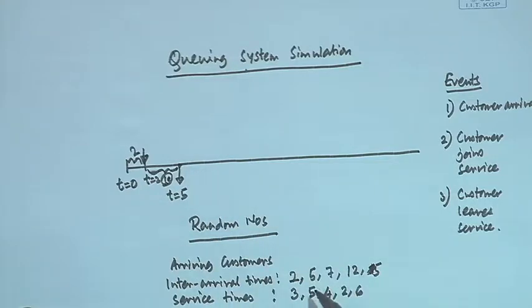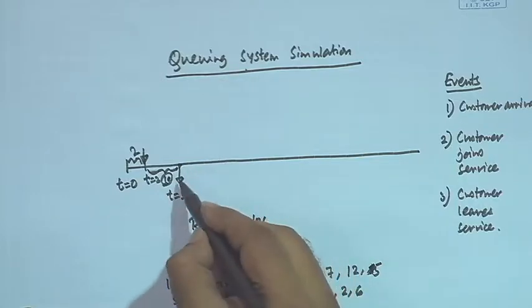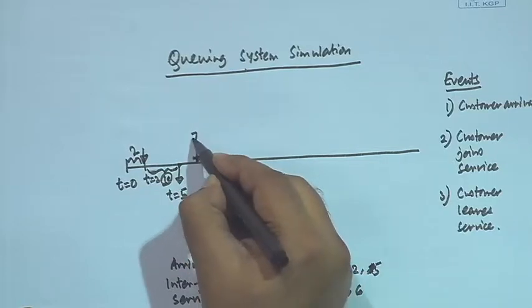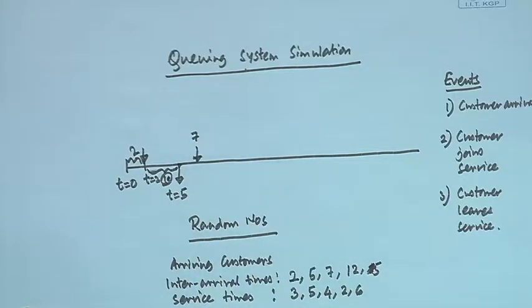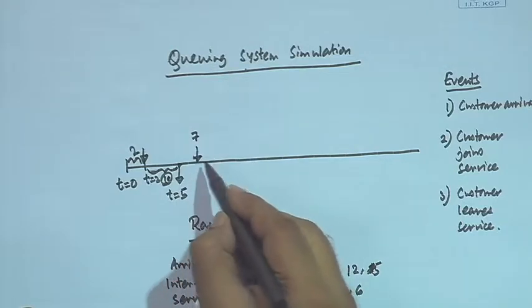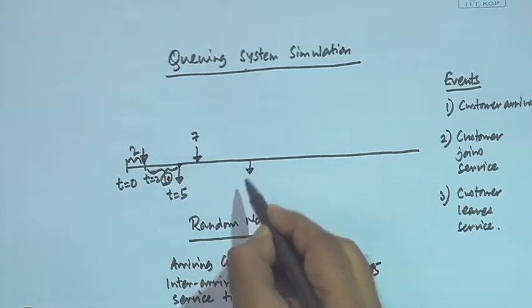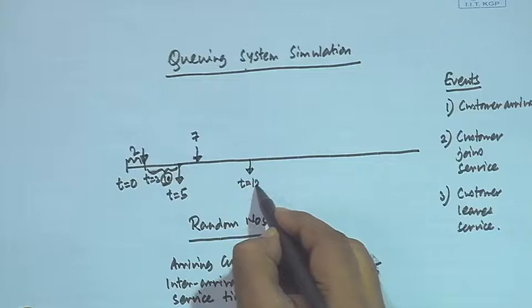The second customer arrives after 5 more minutes, so the second customer arrives at t equal to 7. How much time is required for service? 5 minutes. So this customer will leave at t equal to 12.